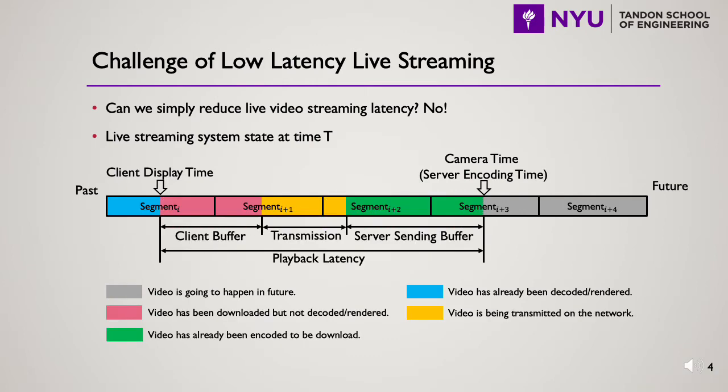The video content in between can be divided into three parts: client buffer in pink, server sending buffer in green, and data on the network in yellow. From the figure, we can clearly see that latency is the summation of all the three parts, which means short latency leads to short buffer lengths.